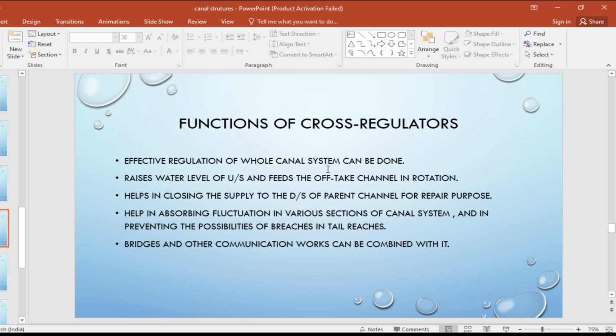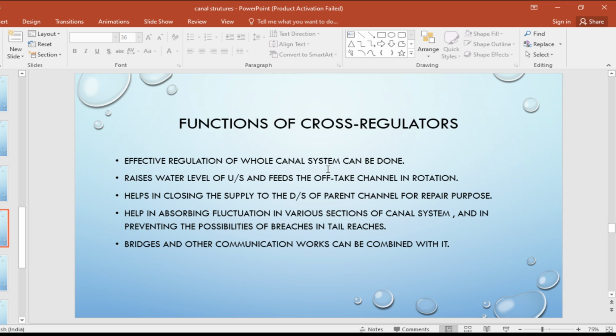Second is during the period of low discharges in the parent channel, the cross regulator raises the water level of the upstream and feeds the offtake channel in rotation.